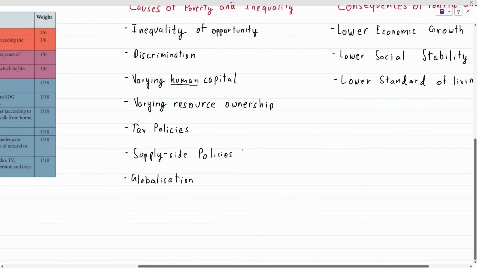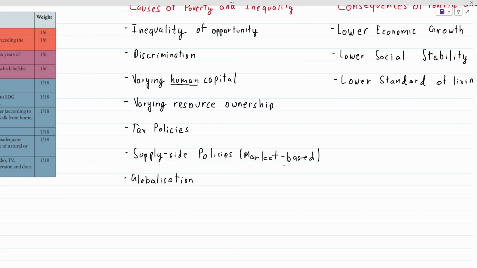So the next point is supply side policies. I should mention here we're talking only about market based policies. This will be explored in much more detail once we come across the chapter dedicated to supply side policies.